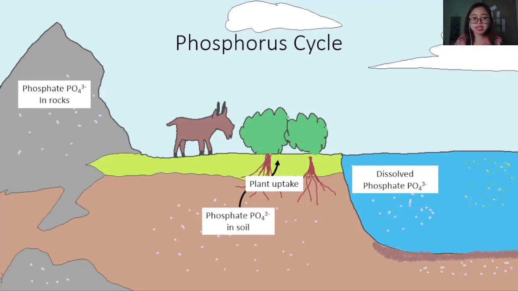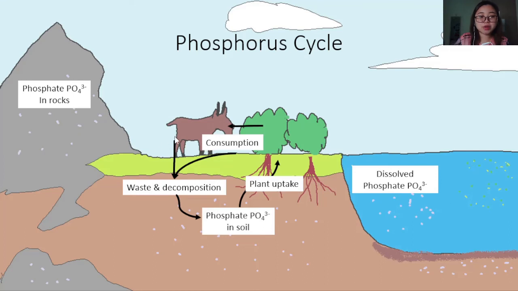The first process is uptake of phosphates by plants. So plants can directly absorb phosphate from the soil. When they absorb it, okay, it's going to be part of the plant itself. After that, when animals eat plants through the process of consumption, they will absorb that phosphate and incorporate it into their body.